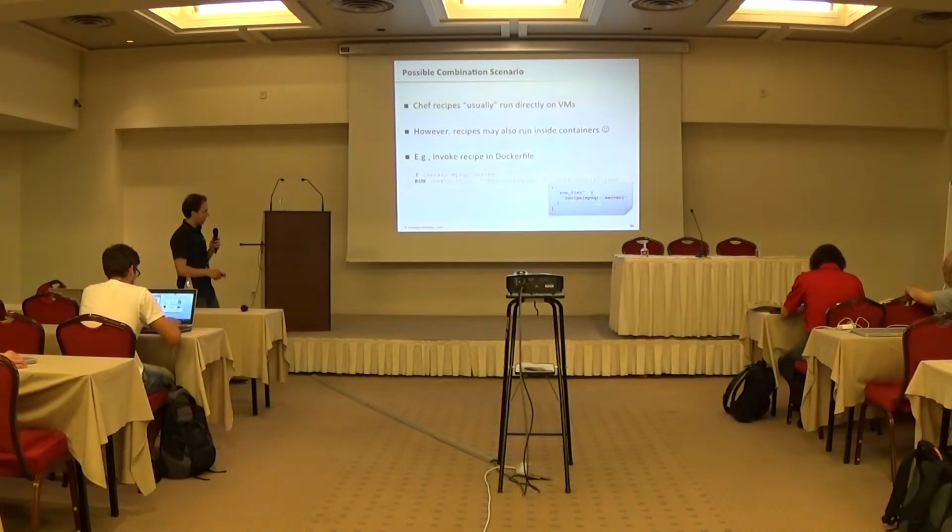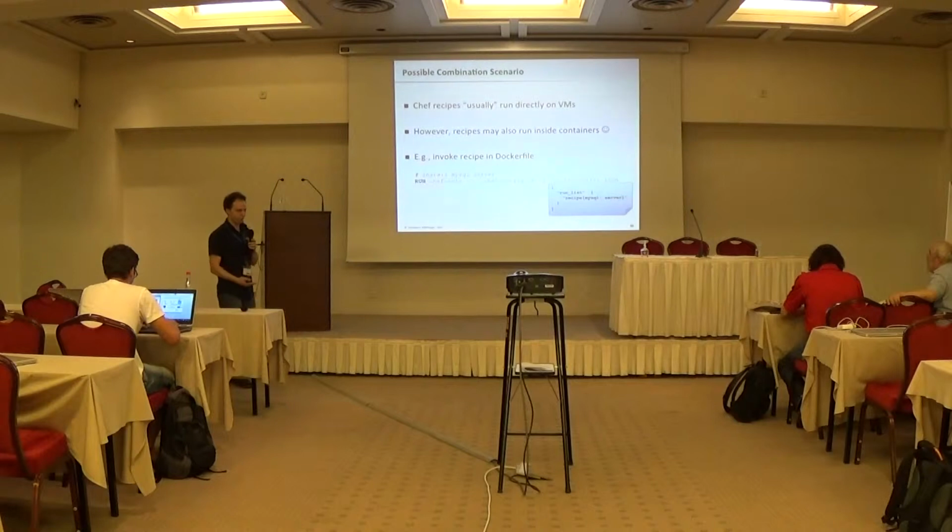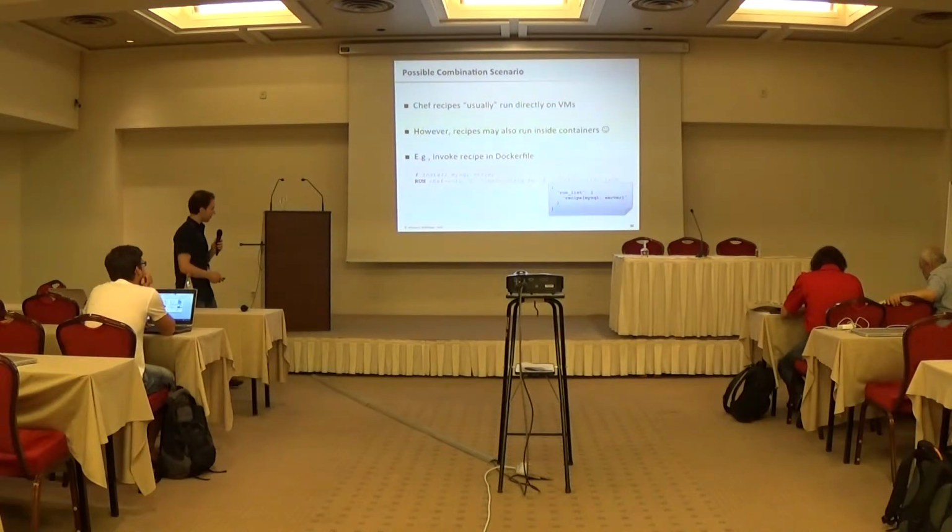Let's say, for example, in this container we want to call Chef to install the MySQL server. So in this sense, the build plan of the container itself is very simple. It just calls the Chef recipe that's already implemented by the community to install the MySQL server. This could be one approach.